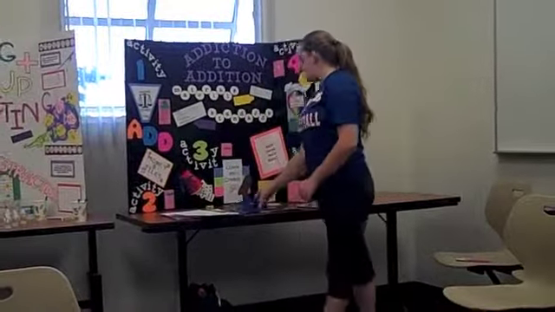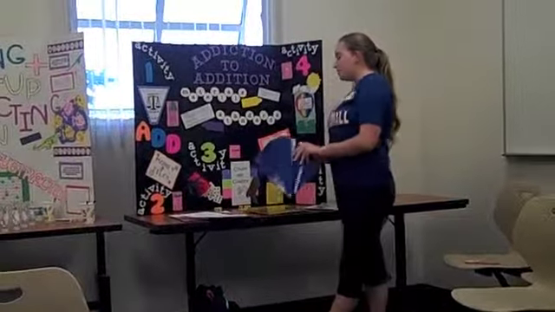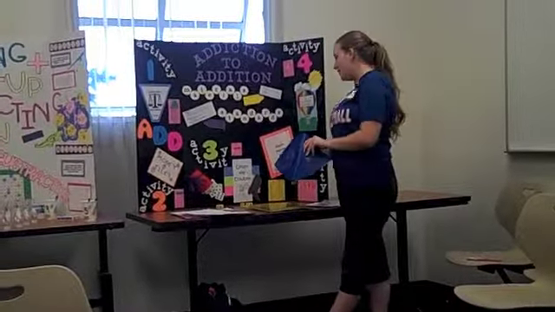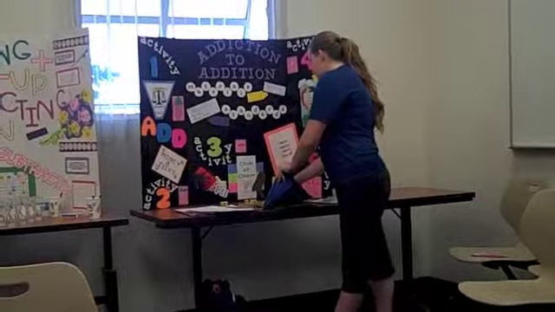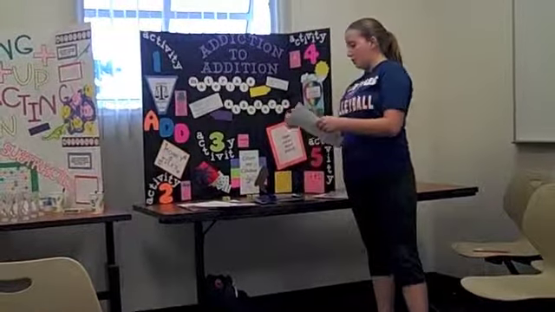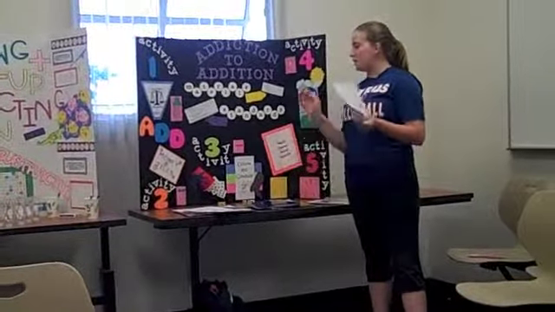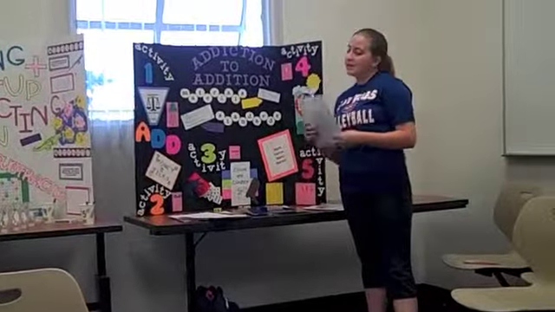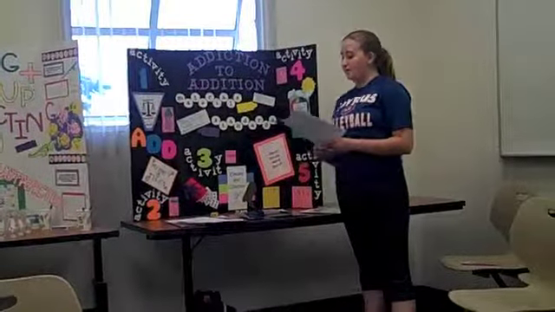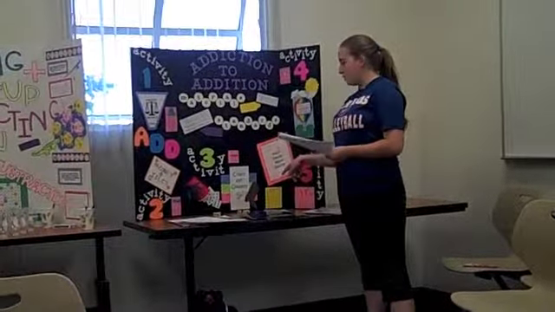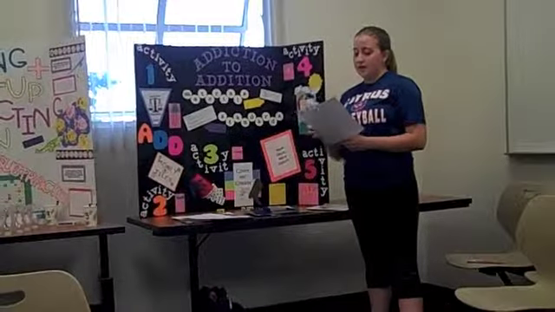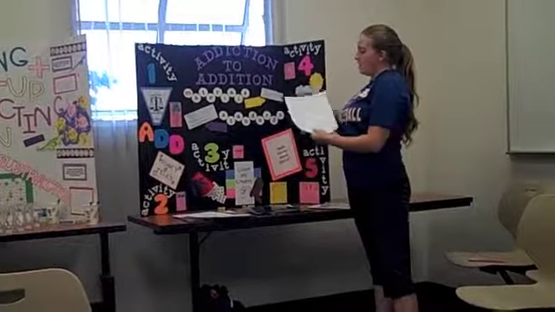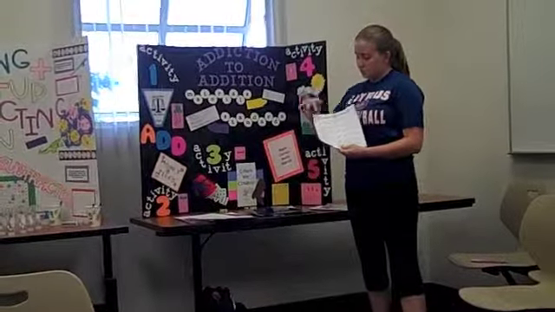My third activity is called Count 'em Cowboy. Each student will be in groups of 4 to 5 students, and each student will roll 5 dice and add up the numbers. Say they roll 1, 2, 3, 4, 5.